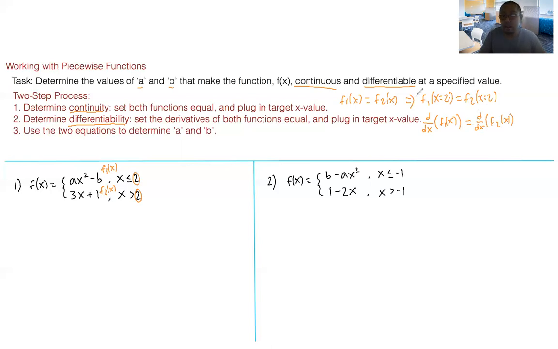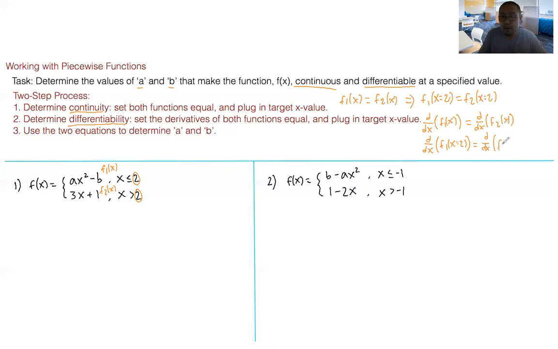And just like you did here, we're considering the target value of x, which in this case is x is equal to 2. So instead of just doing this, you're actually going to take the derivative and plug in x is equal to 2.